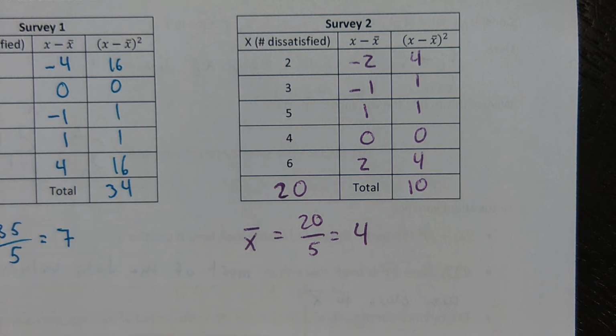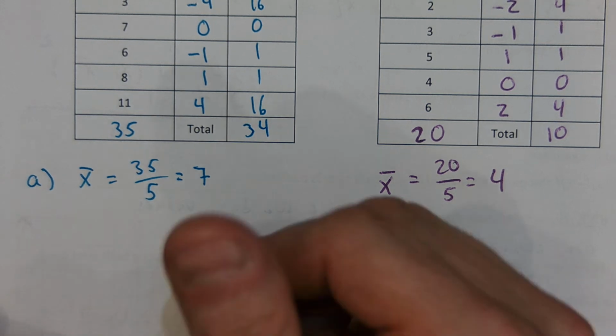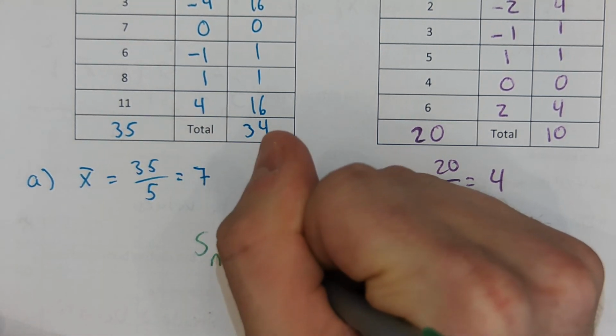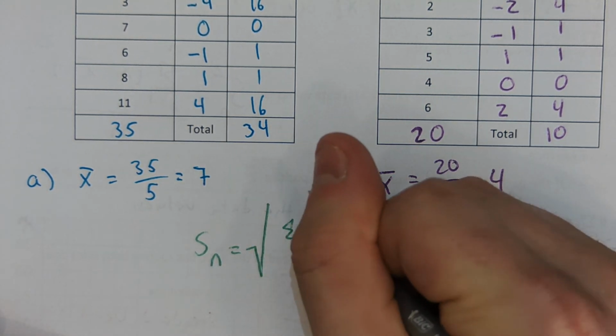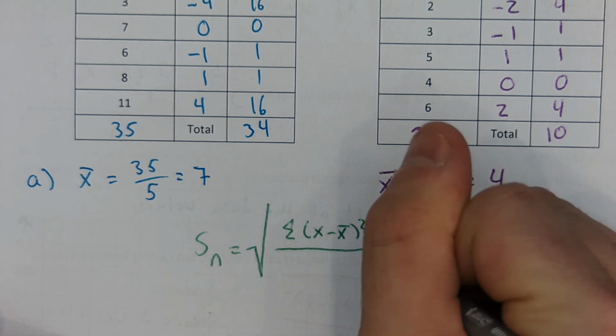Let's track down our standard deviations. S sub n is the square root of sigma x minus x bar squared, divided by n.